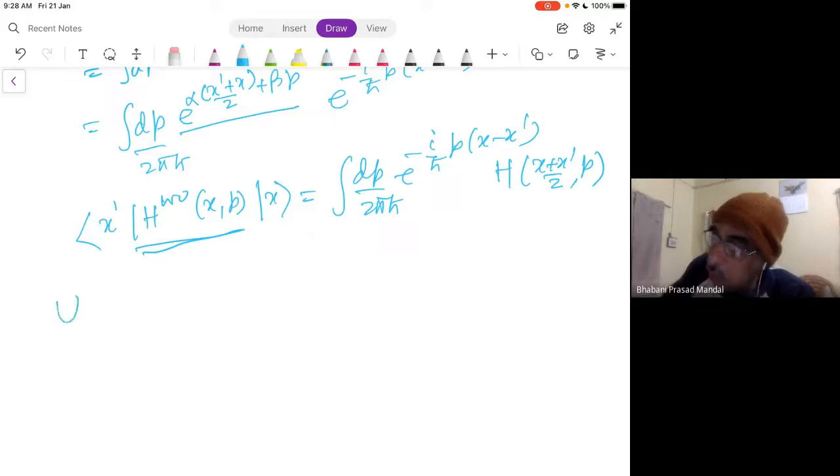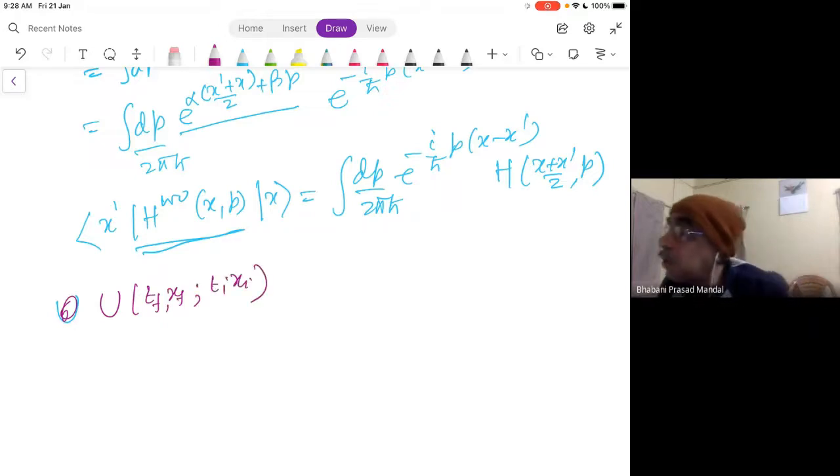So now we are going to, let us use a different pencil, we want to calculate U of t final, x final, and t initial, x initial. This quantity now we can calculate. So this is the amplitude from this point to this point. The particle is created here. What is the amplitude of finding that particle at this point, the final point x f? That is given by this. Now we are going to calculate this.